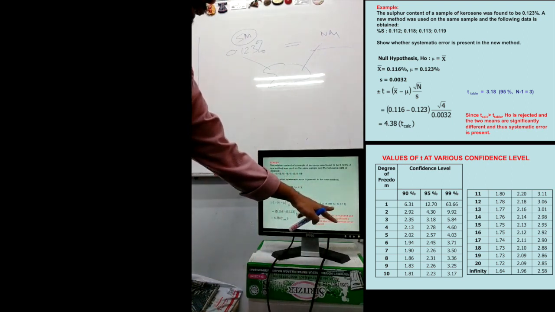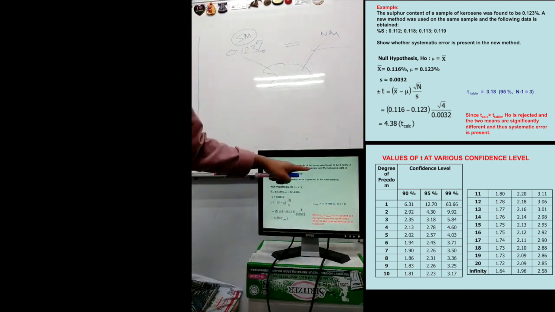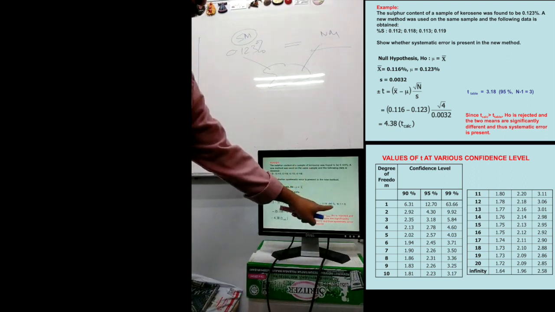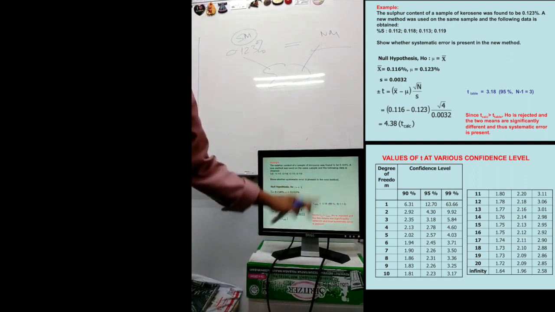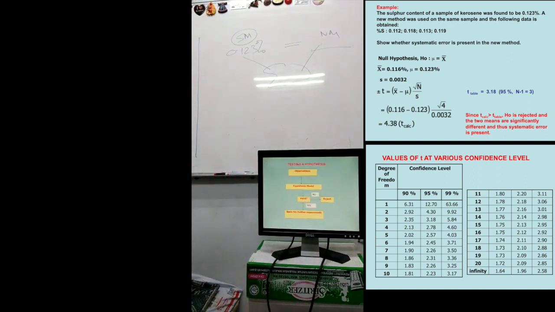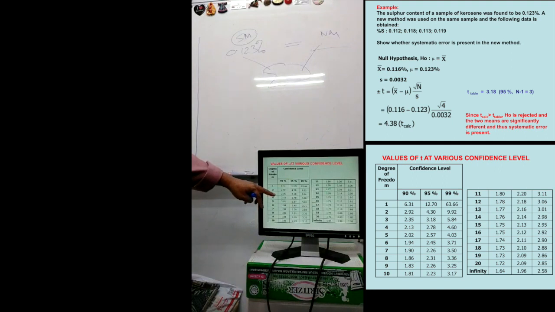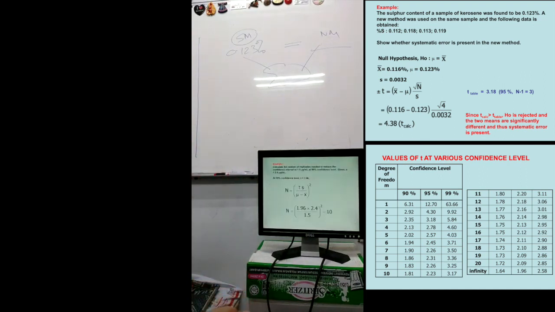We look at 95% because it's not stated; if not stated, we use 95%. Going back to the t table, at 3 degrees of freedom and 95%, the value is 3.18. So that is the t table value.